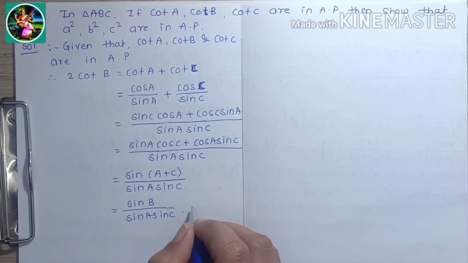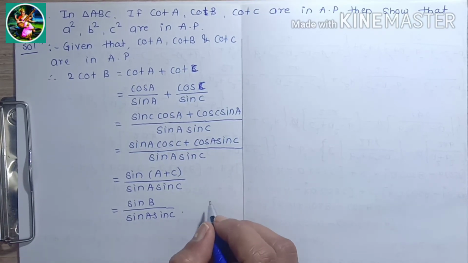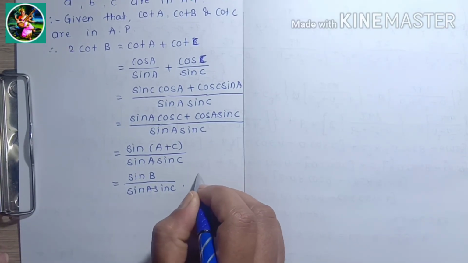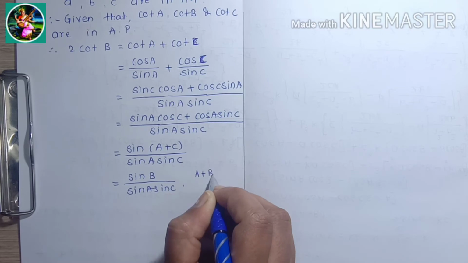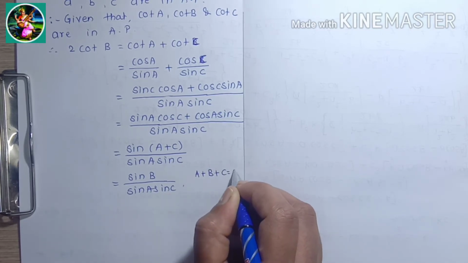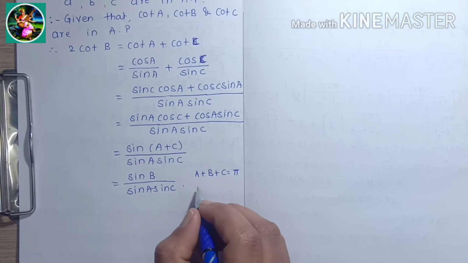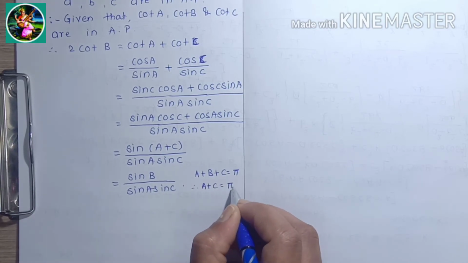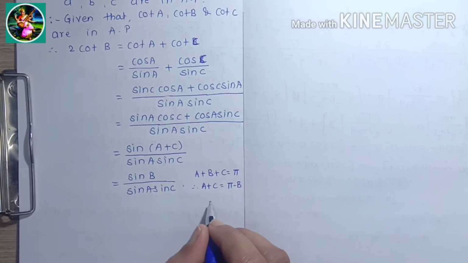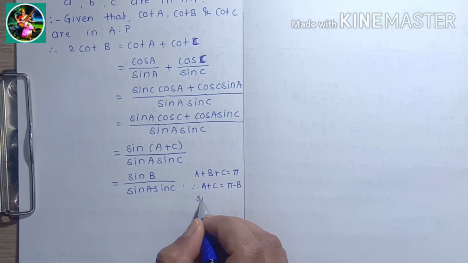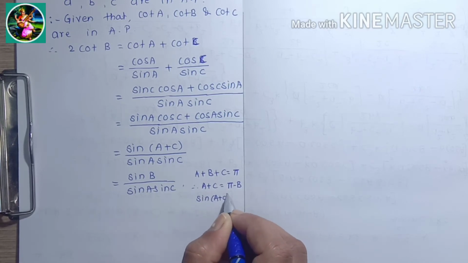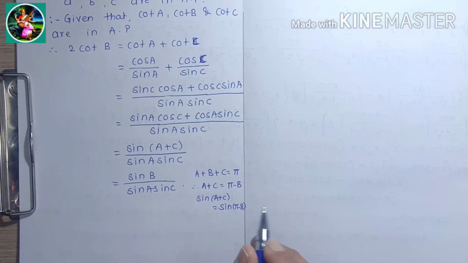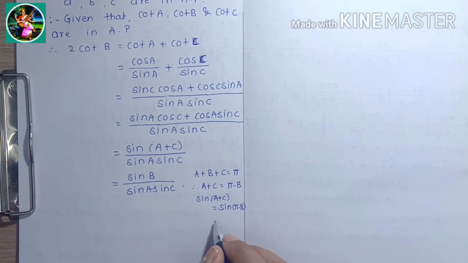Because we know that in any triangle ABC, A plus B plus C is equal to 180 degree, that is pi. Therefore, A plus C is equal to pi minus B, and applying sine on both sides, we get sine of A plus C is equal to sine of pi minus B. And we know that sine of pi minus theta is sine theta.